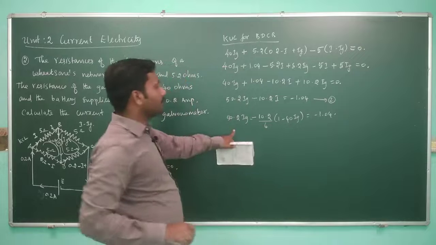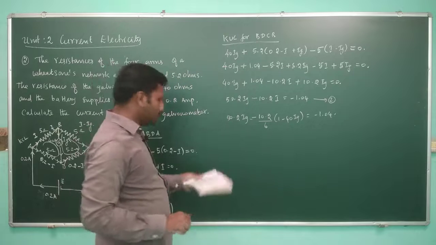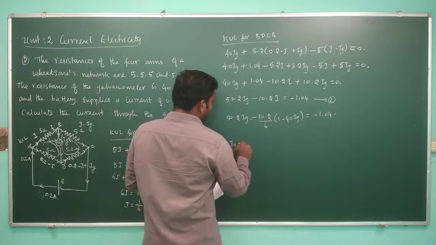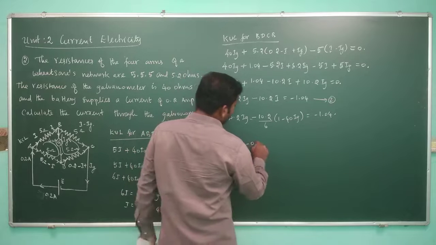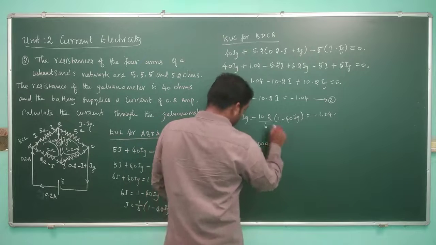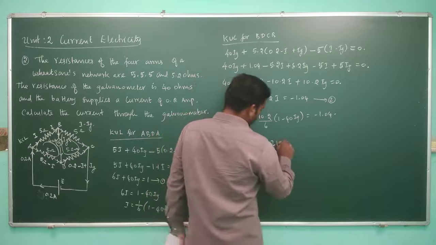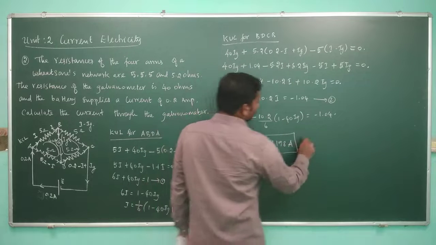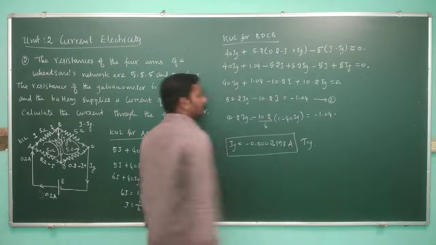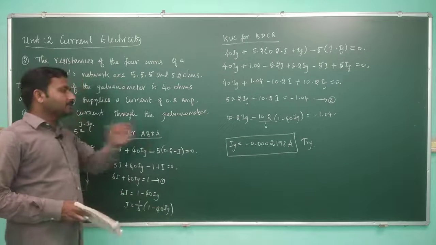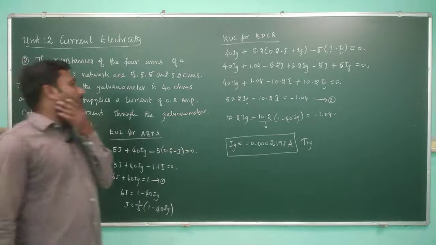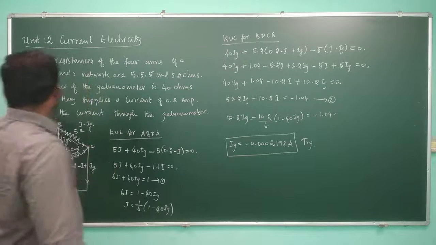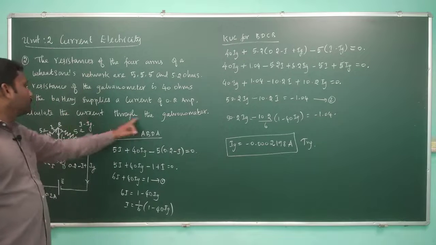So this equation becomes an equation in terms of Ig. If you solve for Ig, you will get Ig equal to minus 0.0002198 ampere. Do the arithmetic calculation and check whether this answer is right or wrong. Okay. So in this way we can calculate the current flowing through the galvanometer.